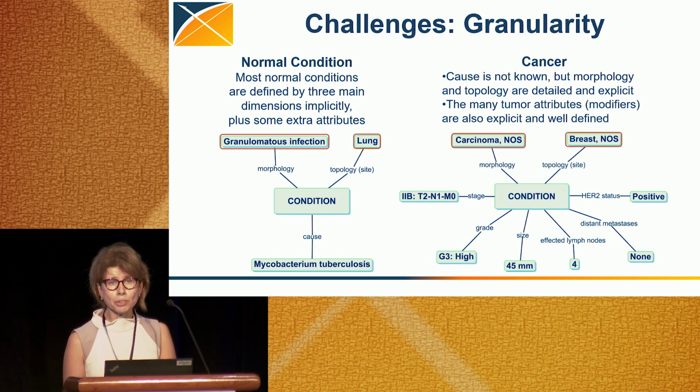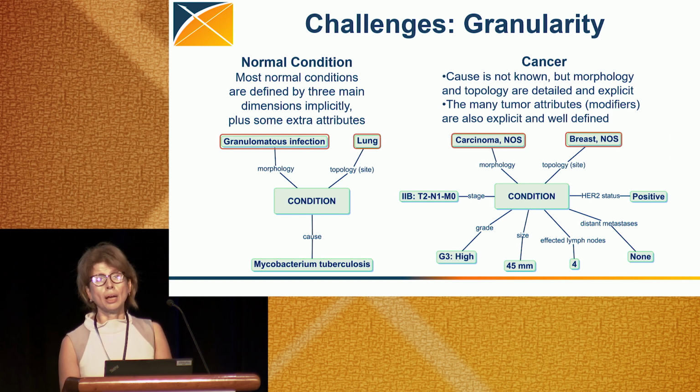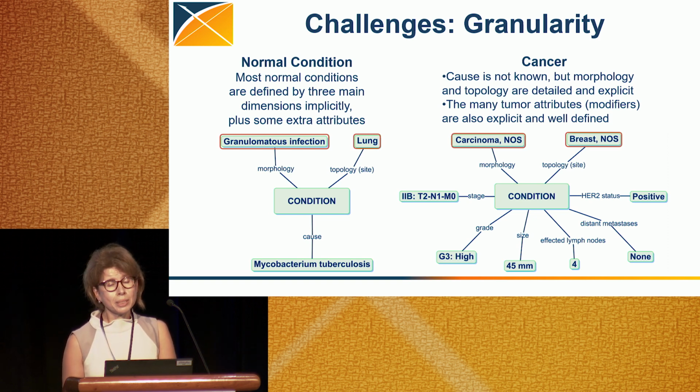Additionally, the many attributes of the tumors, like grade, stage, lymphatic invasion, metastases to remote sites, genetic biomarkers, are explicitly defined for each cancer type. It is this constellation of attributes, this constellation of cancer, that determines patient prognosis and treatment choices. We didn't have the formal ability to express this granularity in OMOP CDM.